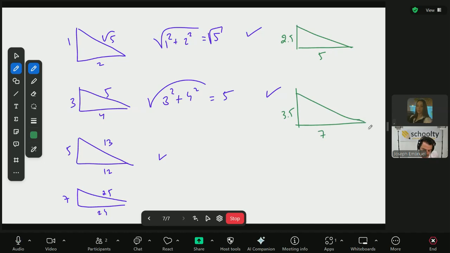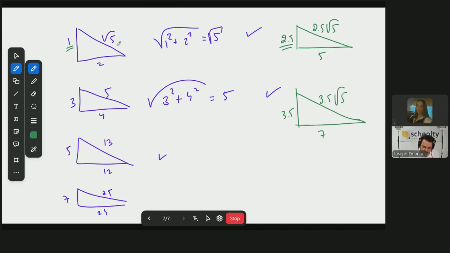So you can use 2.5 multiplied by the square root of 5, and here 3.5 multiplied by the square root of 5. What I did is, instead of 1 I put 2.5 and kept the square root of 5.